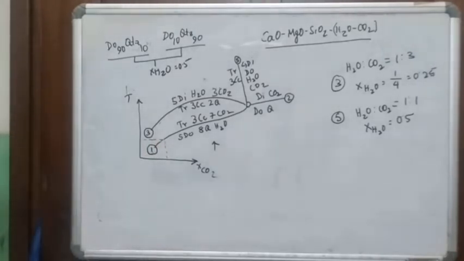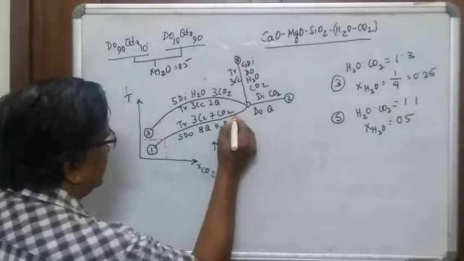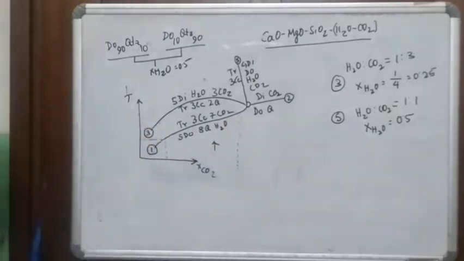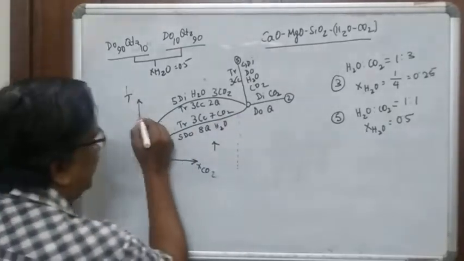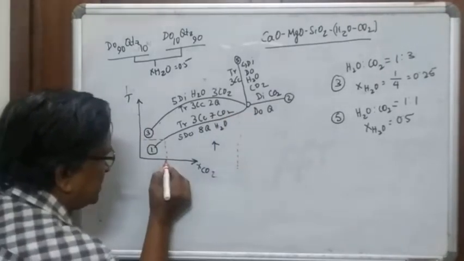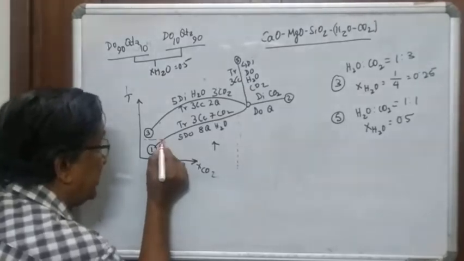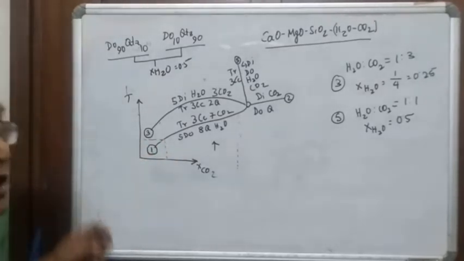If you start with a higher XCO2 value, your temperature is higher. If your CO2 value is here, you start at a lower temperature.